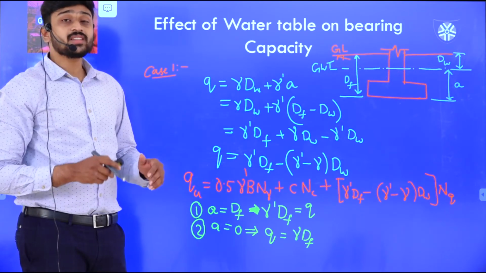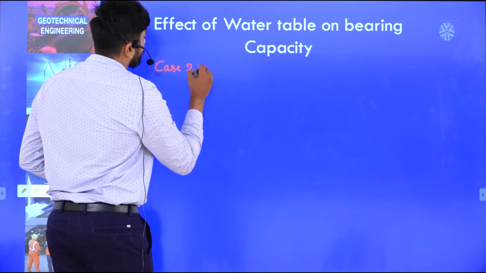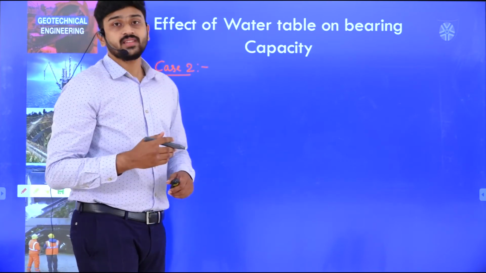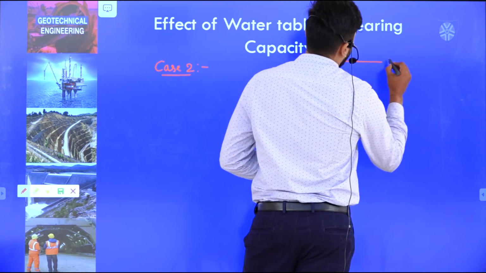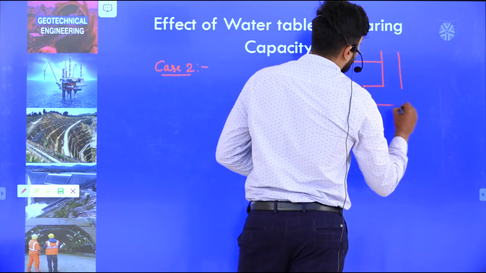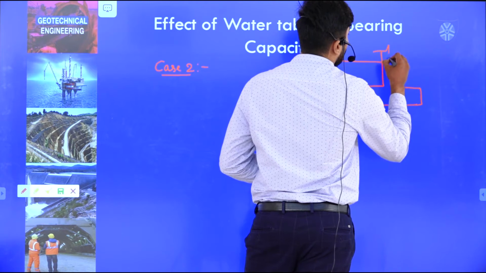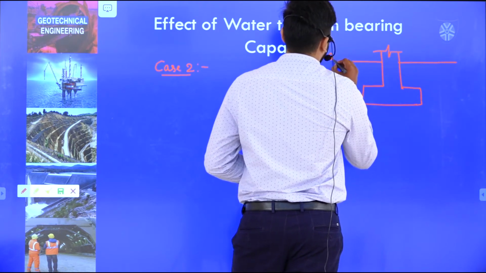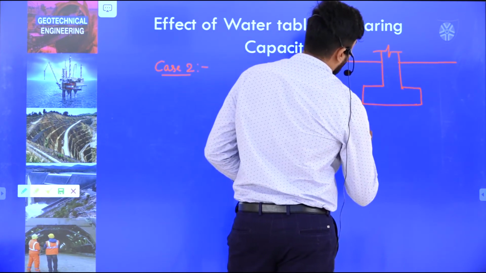So now let us consider case 2. In a similar case, let us try to consider the diagram once again. Imagine there is a foundation of width B, and this is the ground level.